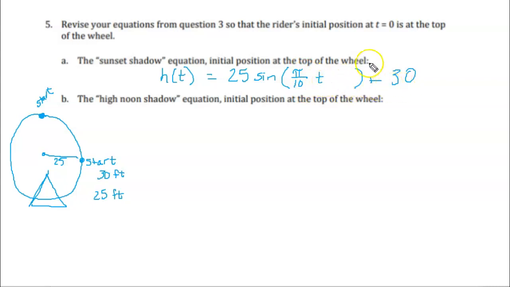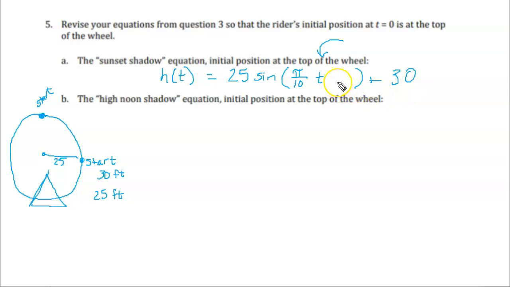Our input is the time in seconds. And initially, when we were starting over here, if our time was 0, the output was 30 feet above the ground, because this would turn out to be 0, and 0 times anything is 0, and we're adding 30 to it.